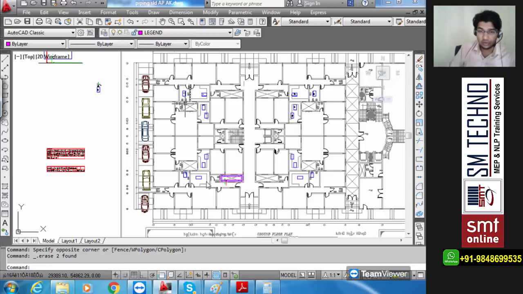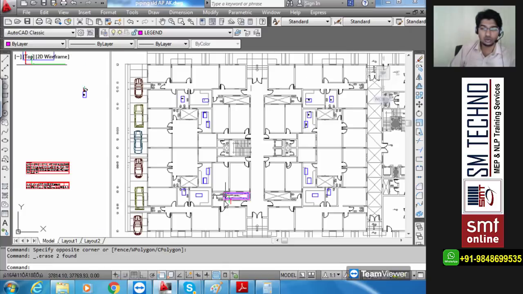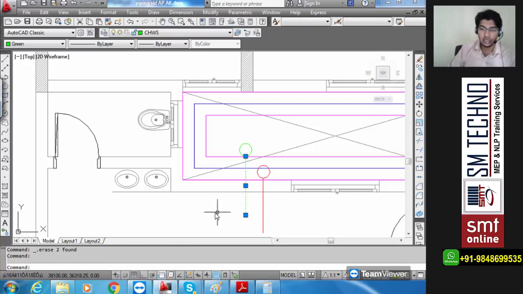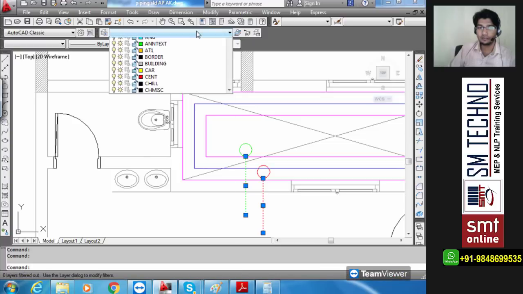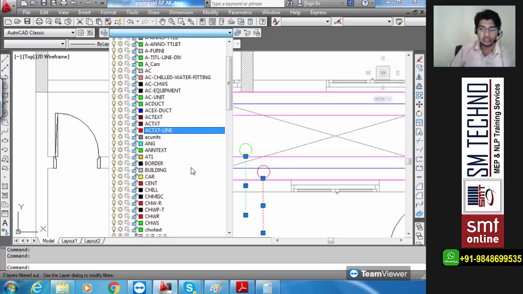Fine. So from here what I'm going to do is we are now letting us understand how to do the SLD creation. So for that, if I'm going to zoom in and click on my this connection, you see it says the layer created is CHWS, chill water supply, and this one is CH, not connected there, but you will be having a layer for that.